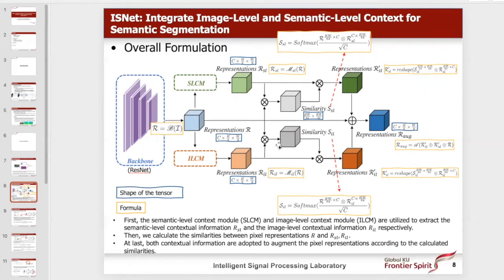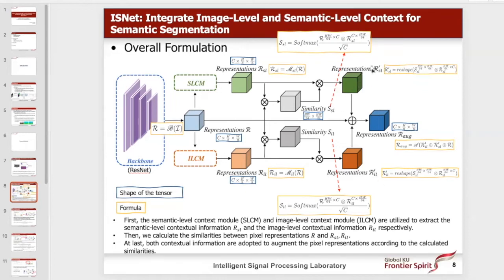And same, we will calculate the similarities SIL between the representation R and the RIL. And we will use the SIL to encode the representation RIL. And now we will get a total of 3 representations: R prime SL and R prime IL, plus the original R.